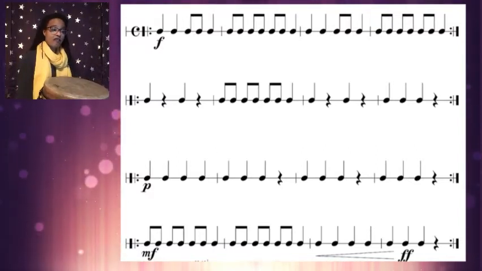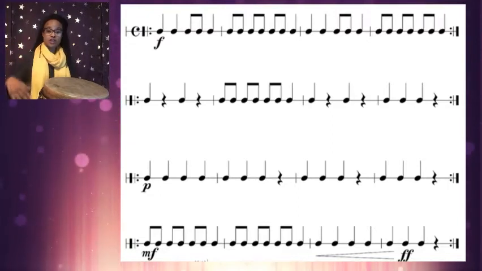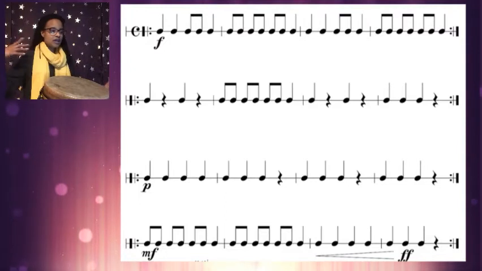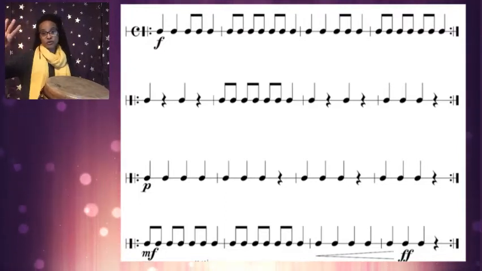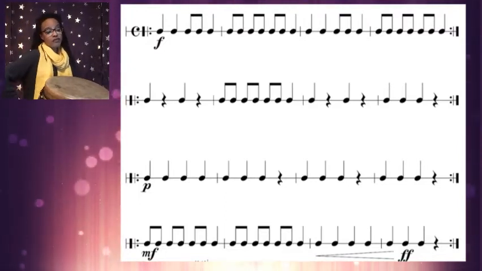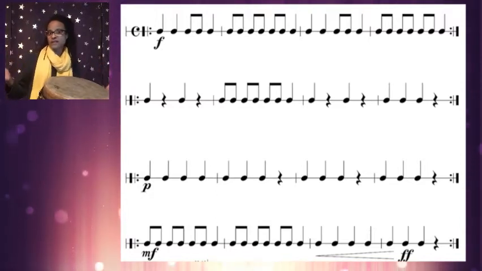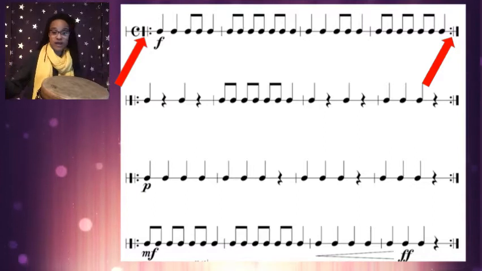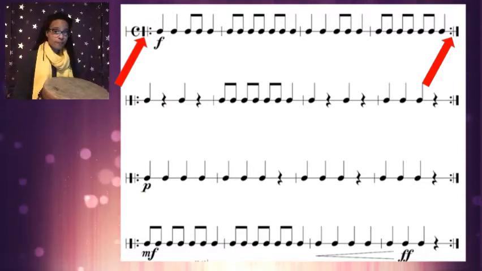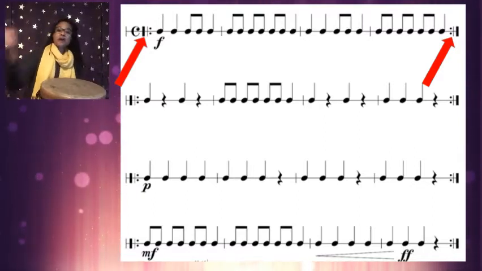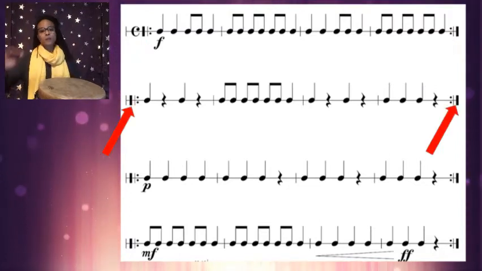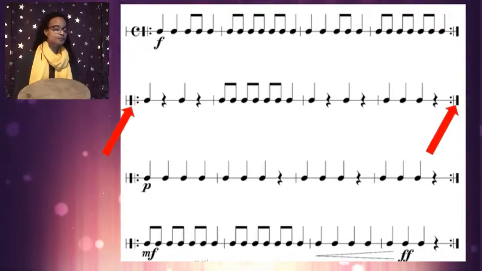Notice that we have 4 systems or 4 lines of music to read, and each line has 4 measures in it. After 4 measures, you're going to repeat because there's a repeat sign that surrounds each of those 4 measures. So we'll do 4 measures, and then we'll go back and we'll do those 4 measures again, and then we'll go down to the next section.